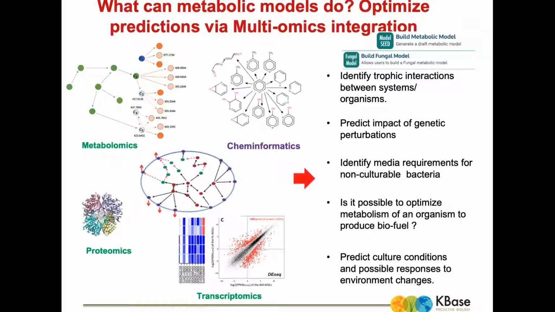When we have metabolic models and do in silico simulations, there's a certain accuracy rate, and computationally it's not going to be very, very high. Where we can improve the accuracy rate is by integrating laboratory-generated phenotypic data, multi-omics data integration.